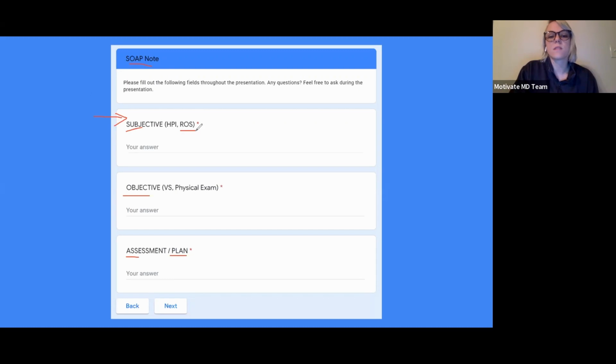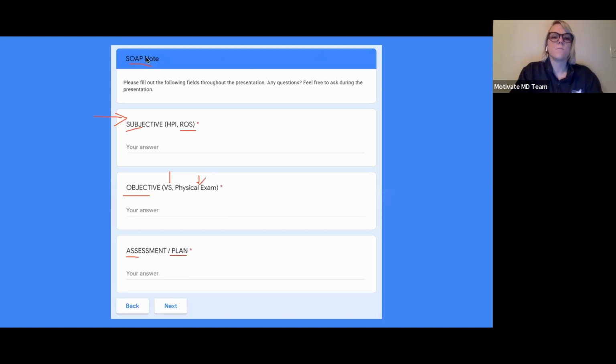And then review of systems is all the things that are pertinent to the chief complaint itself. So if somebody comes in with burning when they pee, we might ask them if they have fever or chills, or if there's blood in their urine, or things like that that are pertinent to what's going on at the time. And then objective are things that we find. So things like vital signs and the physical exam findings.